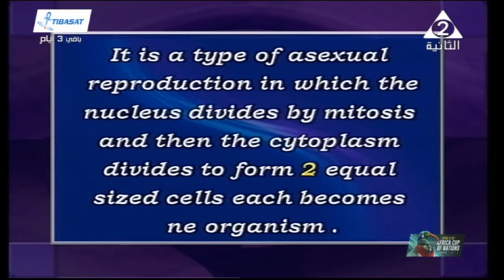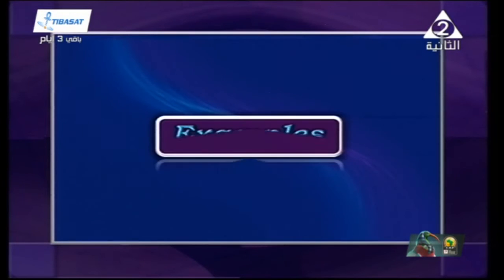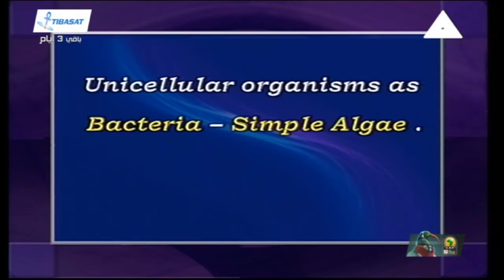Each one of them becomes a new organism. For example, we have different examples in unicellular living organisms, like bacteria and simple algae.